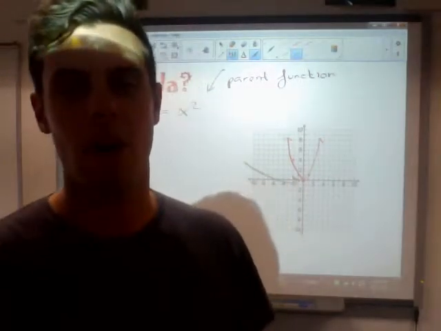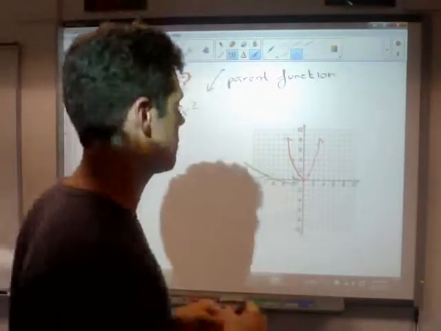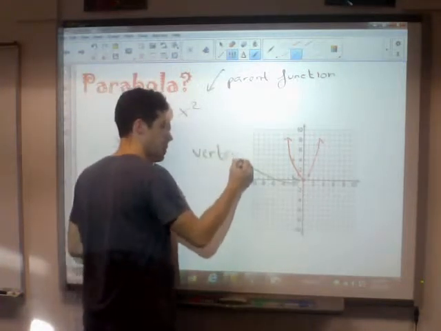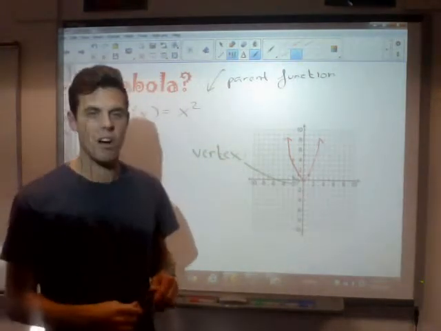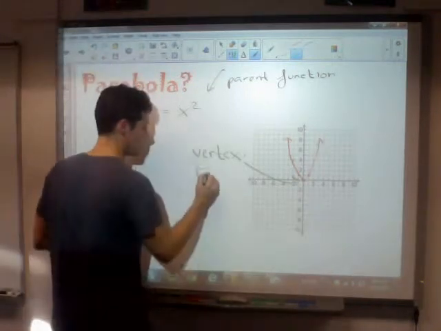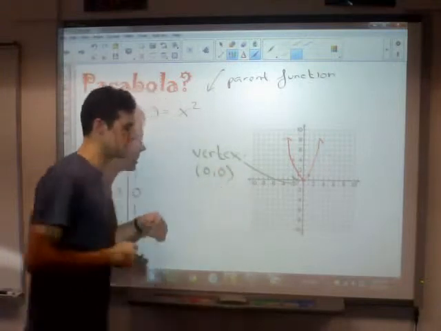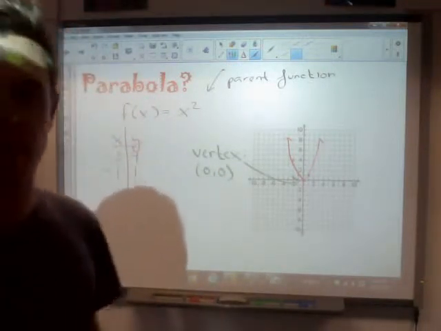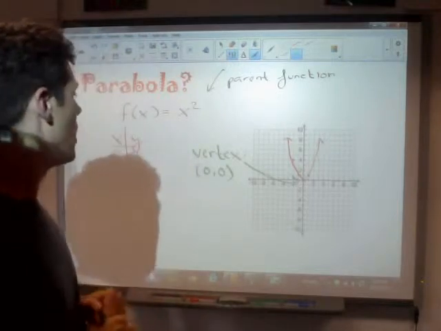That's what I call a vertex. Okay, a vertex. And the vertex of my parent function, y equals x squared, is the point 0, 0. Okay, that's one of the traits of the parent function, is that it has a vertex at 0, 0.